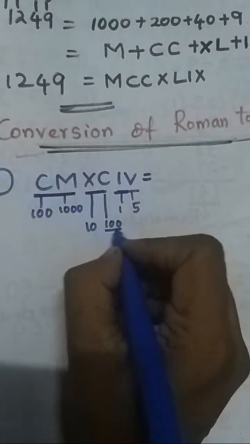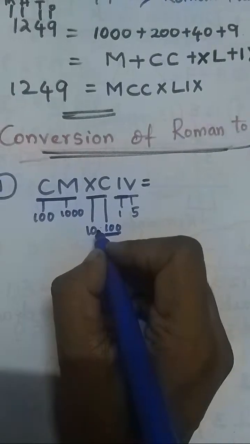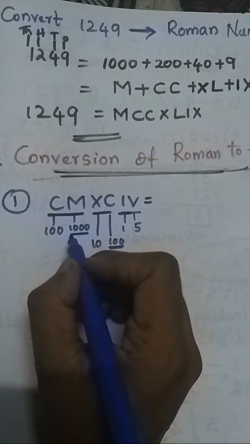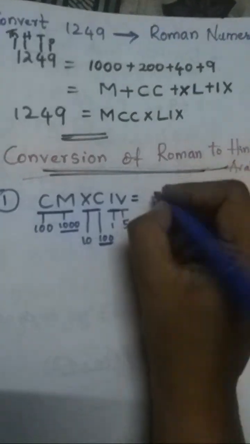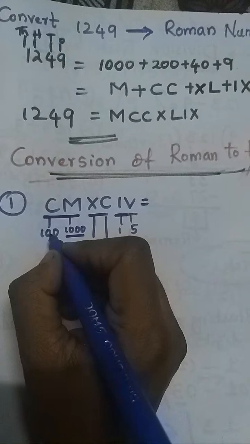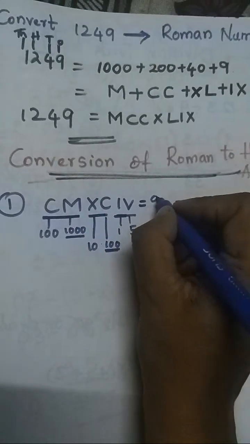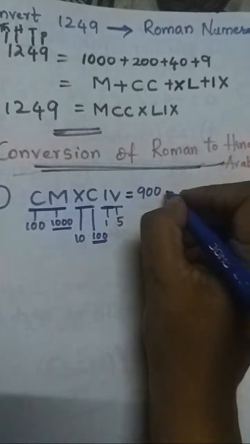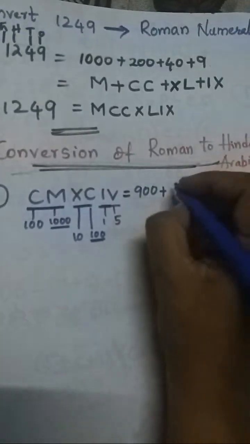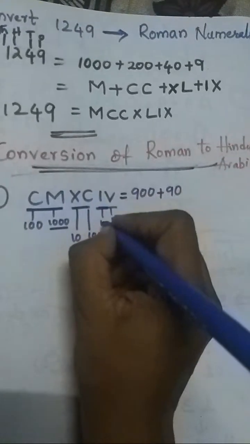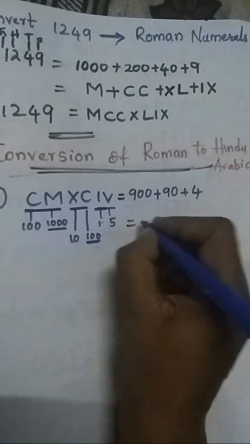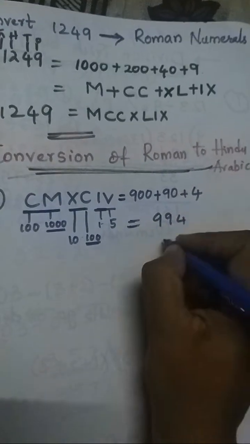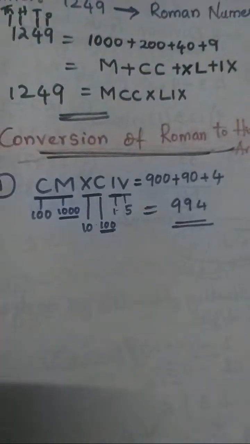Now see here, the biggest value, this is smaller, and here also, this is a smaller number. Now 1000 minus 100, we get 900, and C 100 minus 10, we get 90, and 5 minus 1 we get 4. Combining all the values, 994. This is the value of the Roman numeral.